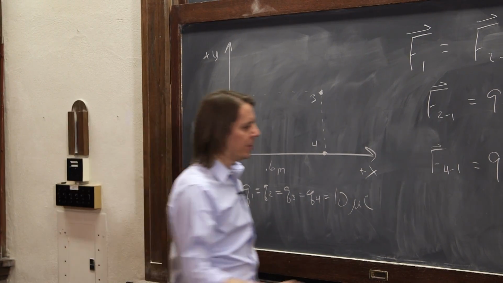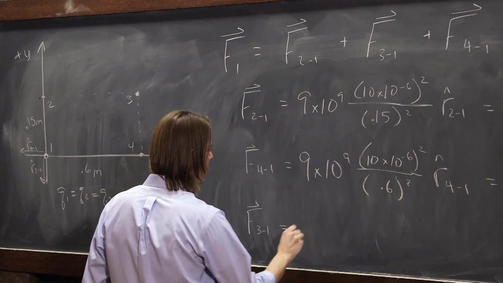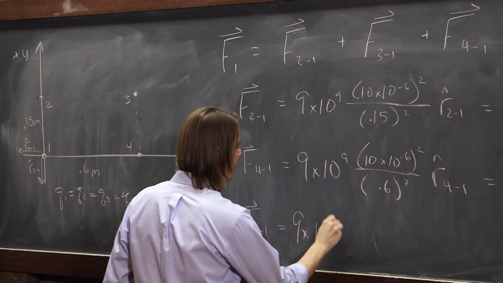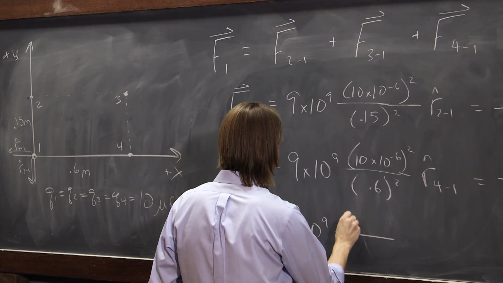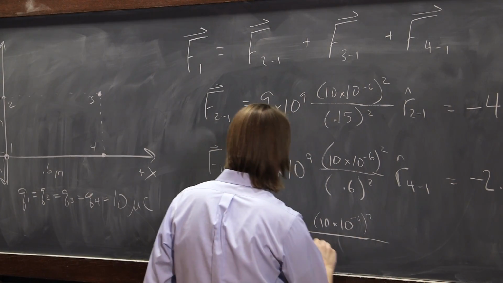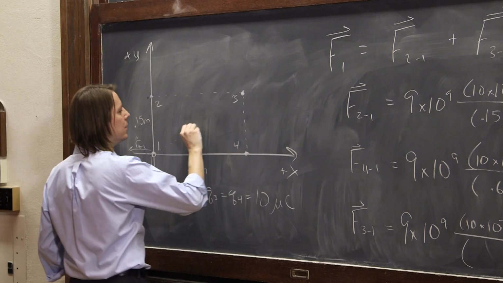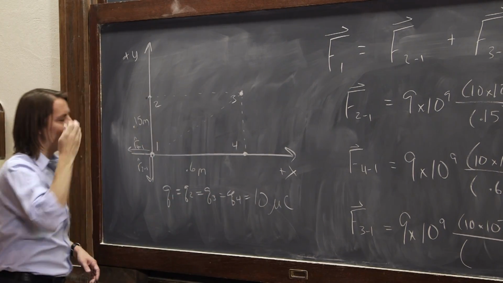Finally, there's F31. 9 times 10 to the 9, 10 times 10 to the minus 6, quantity squared, over this distance here. We can get that from the Pythagorean theorem.